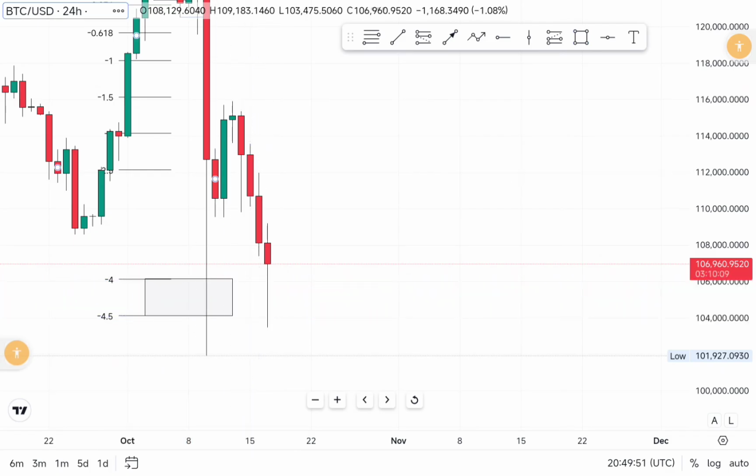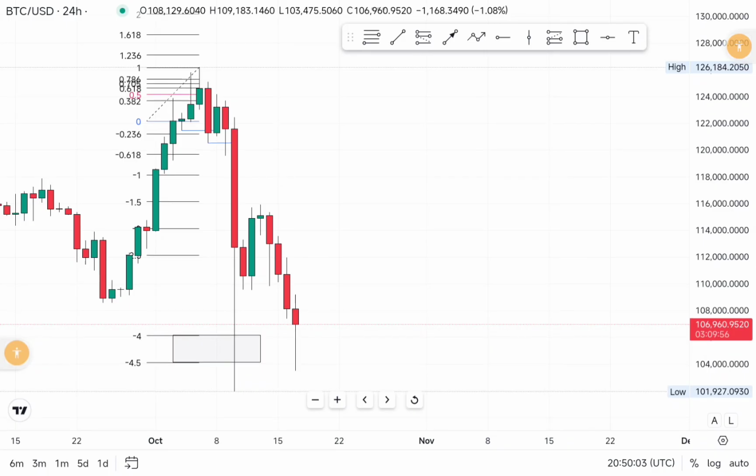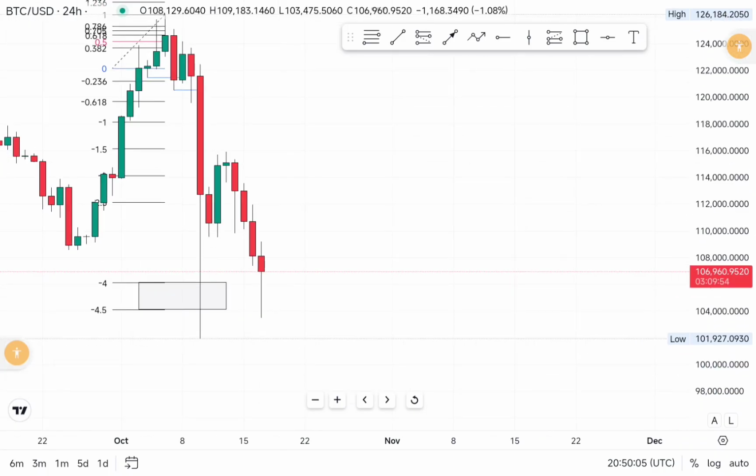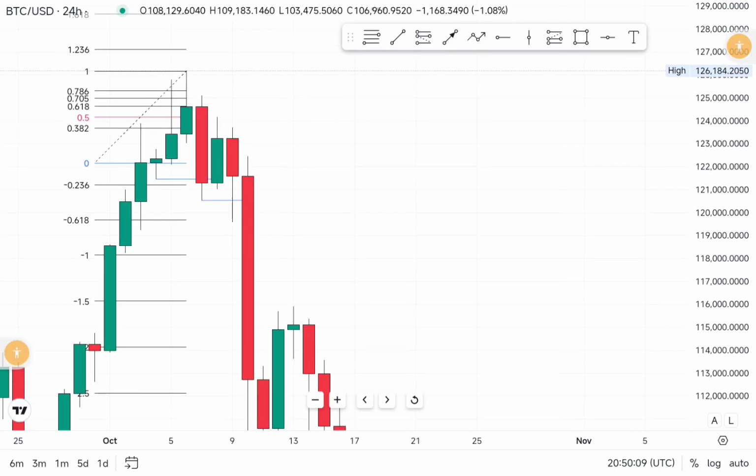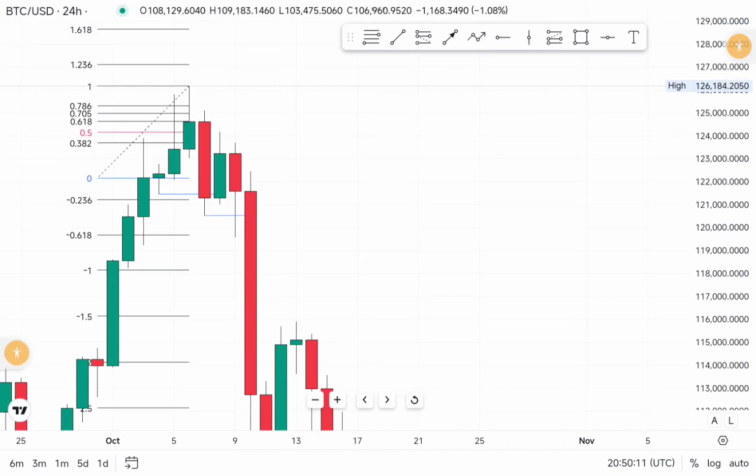And from the chart, we can see that the price goes down and tests the -4 to -4.5 region. This shows significant volatility, a price extension. I think that might have happened due to the trade war between Donald Trump and China imposing tariffs on their goods.